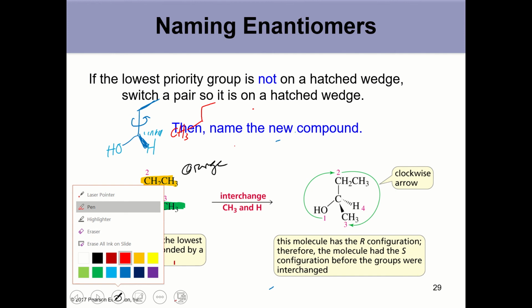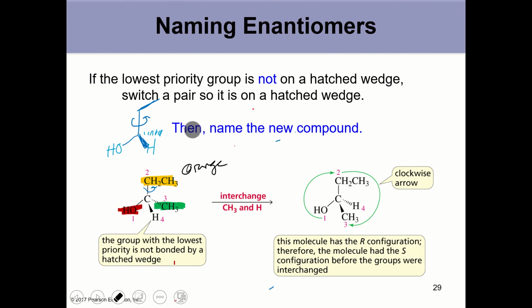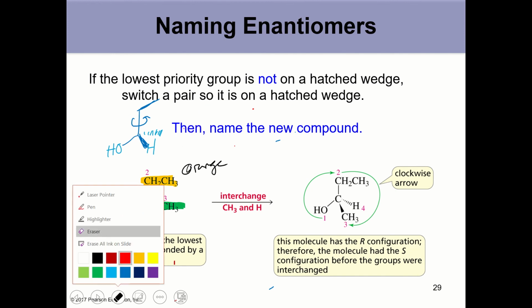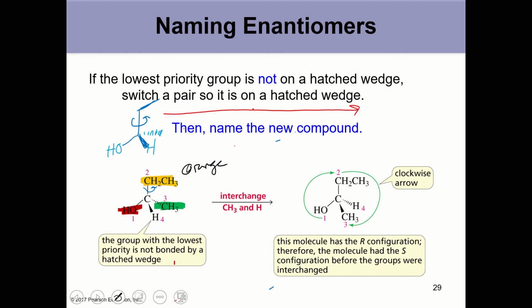Let's draw it over here. Ethyl stays where it was. My line bond is now to methyl. My solid wedge is now to hydroxyl. And my hatched wedge is now to hydrogen.